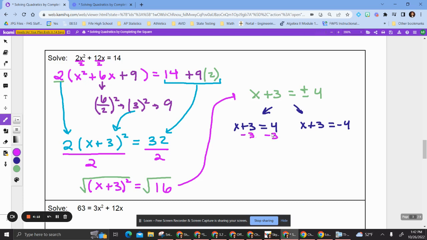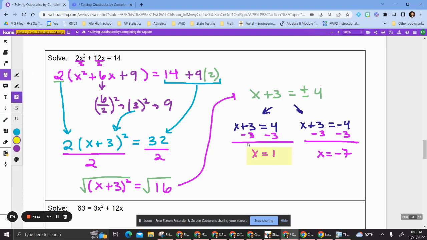Subtract 3 from both sides, and I get x is equal to 1. Subtract 3 from both sides over here, and I get x is equal to negative 7. Since this 4 is not underneath the radical, I split it up into 2, and then I solve, and I get my final two answers.